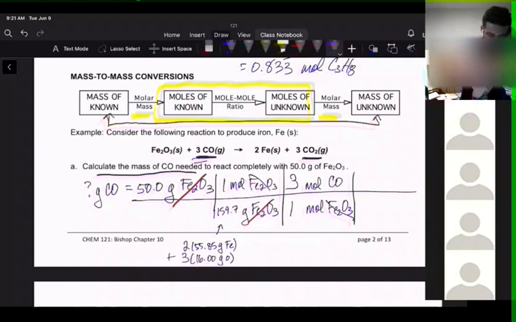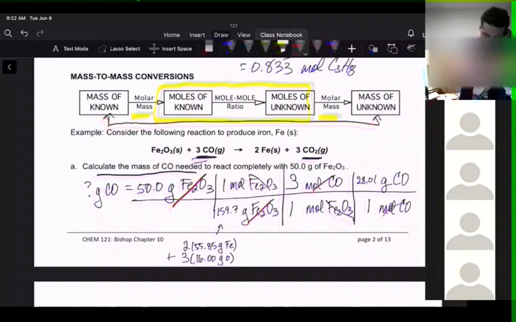And now we have moles of carbon monoxide, but we're looking for grams. So I'm going to cancel out moles of carbon monoxide, and I'm going to go to grams of carbon monoxide. And now you have to go find the numbers that make that relationship true. 1 mole of CO. Can cancel my units, and now I have only the unit that I'm looking for.